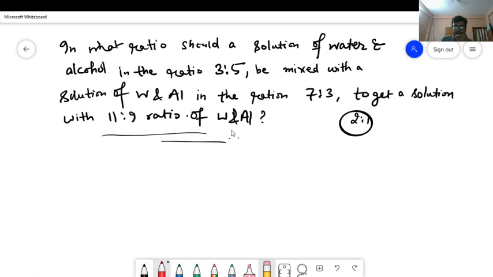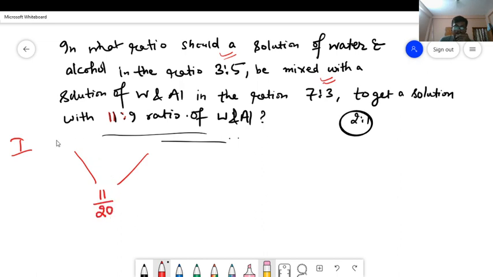First of all, I would do the alligation method, that would be easier. I take 3 is to 5 as the first mixture, and the second mixture is 7 is to 3, to get a solution of 11 is to 9 ratio. We take the concentration, and I am taking the water concentration.